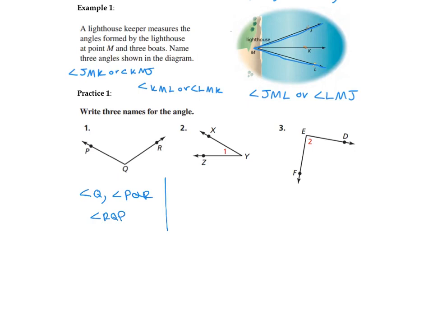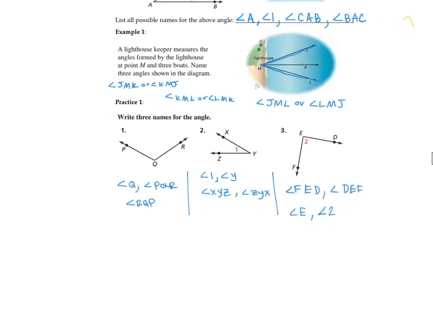You could call this angle 1, angle Y, angle XYZ, or angle ZYX. Any of these would be acceptable. For number 3, you could call that angle FED, or angle DEF, or angle E, or angle 2. Either of these would work.